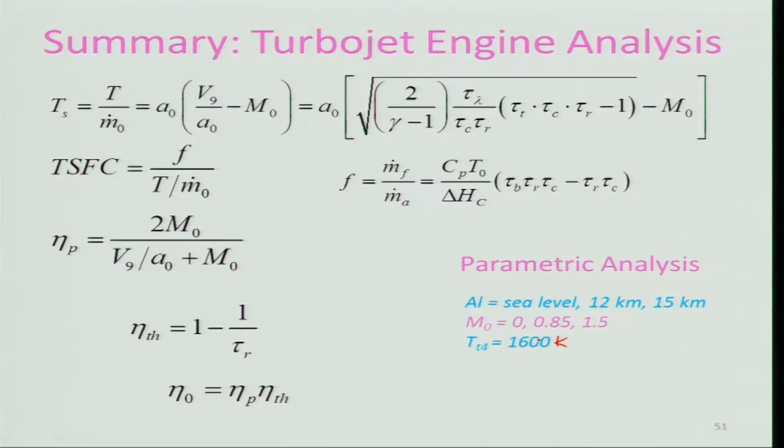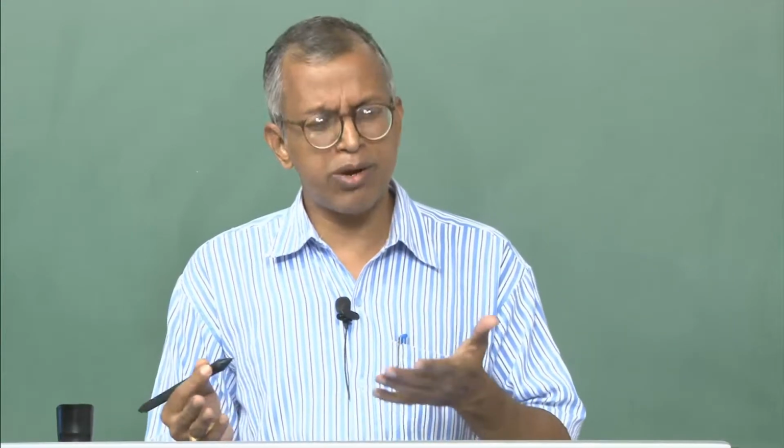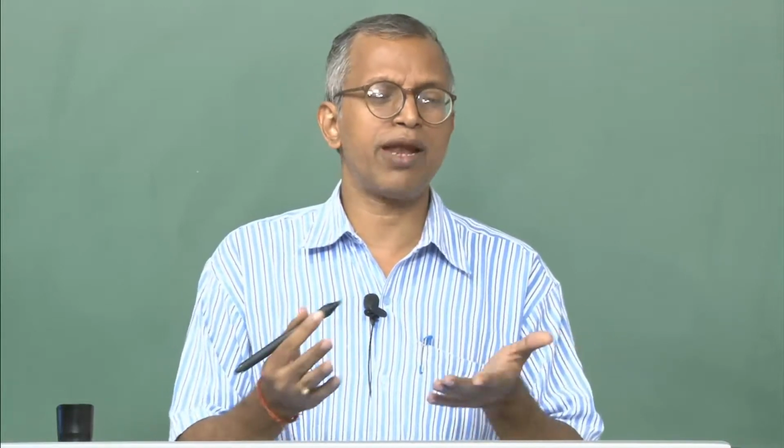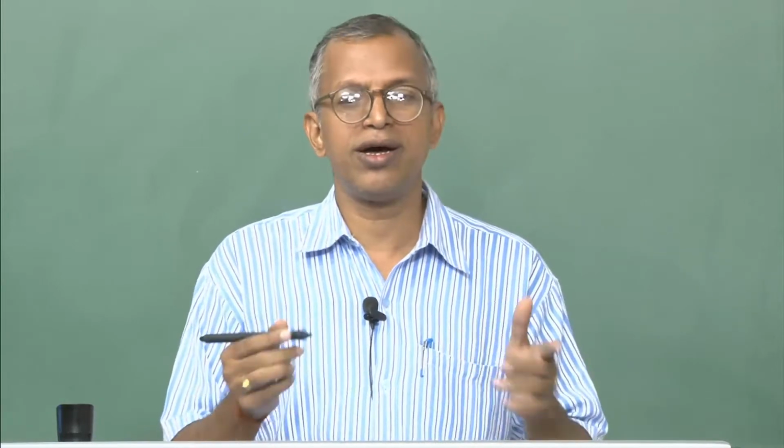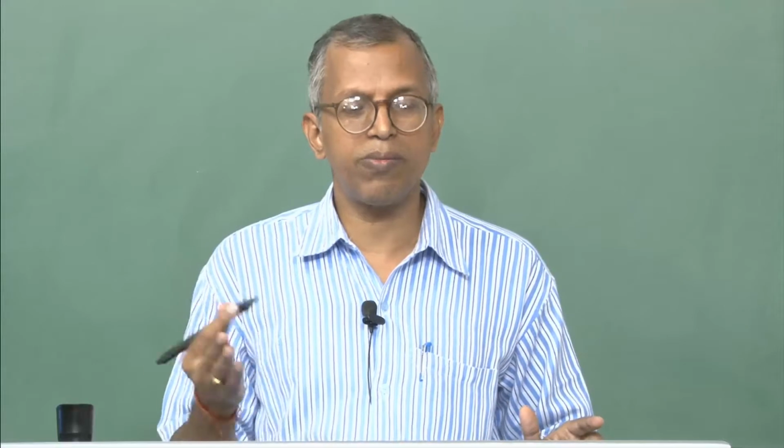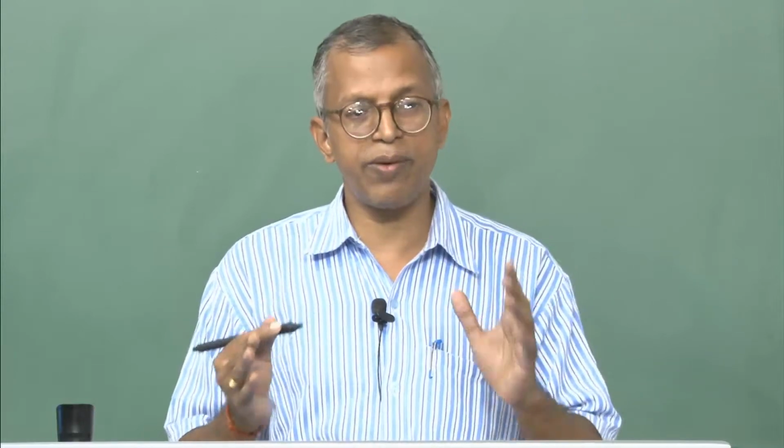Okay. So what are the variables we will be using? We will basically be varying the pressure ratio across the compression. You can say, why not vary the pressure ratio across the turbine? You can do that as well, because both can be related easily with the work, because the work you are getting from the turbine is being utilized by the compression. So generally compression is a very important one.